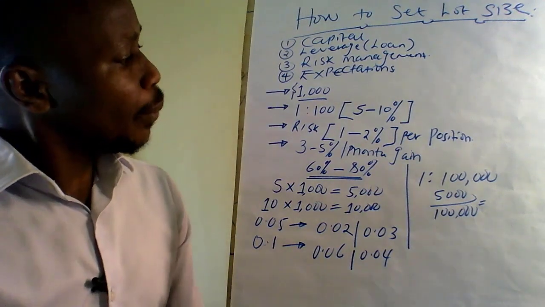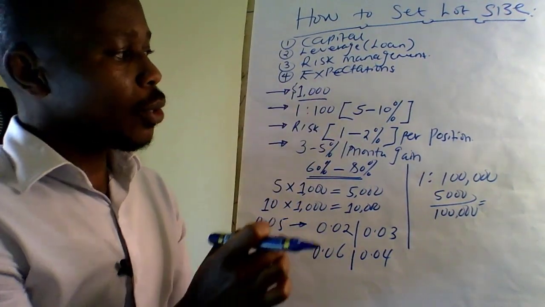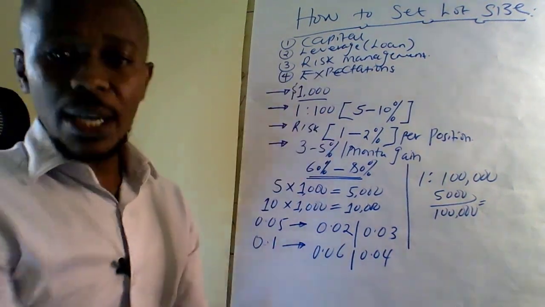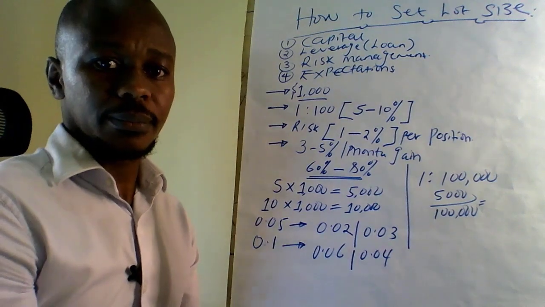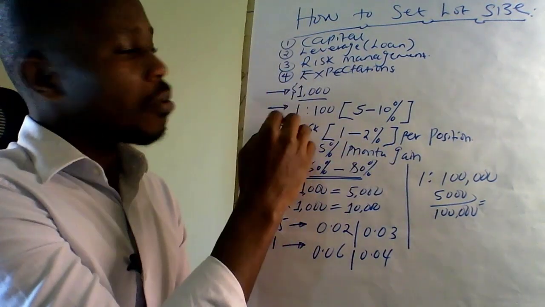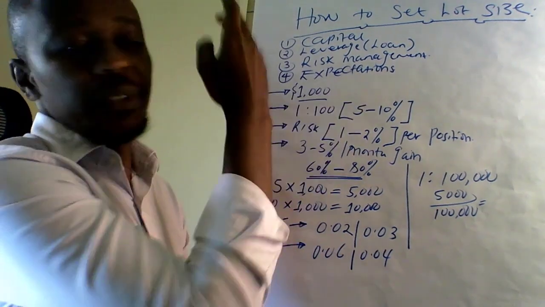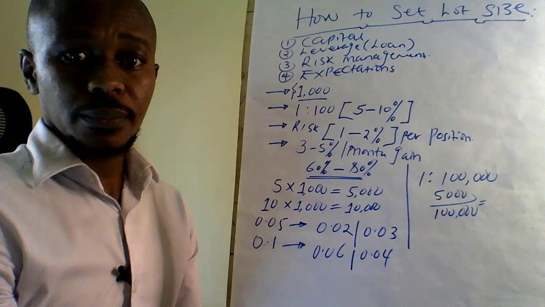But many people will come and say, I am allowed to trade 100 times my capital. You multiply this times 100,000 and you take a position of, say, one lot. You only need about 10 pips or 5 pips and you wipe out this account, depending on which pair or product you are trading.